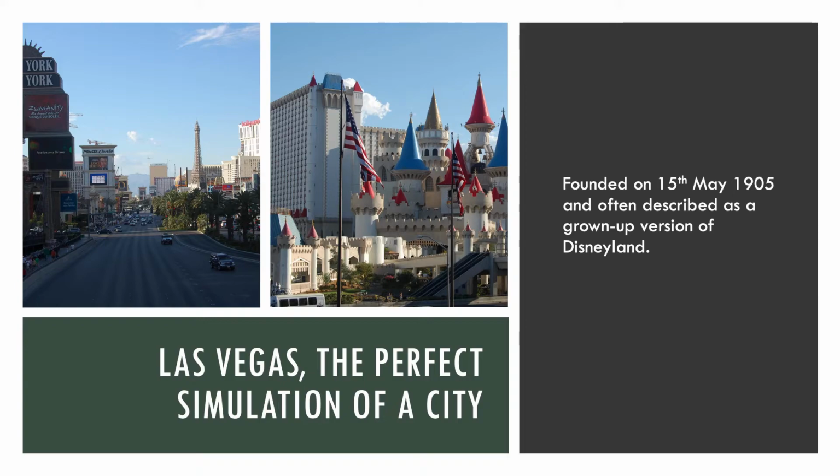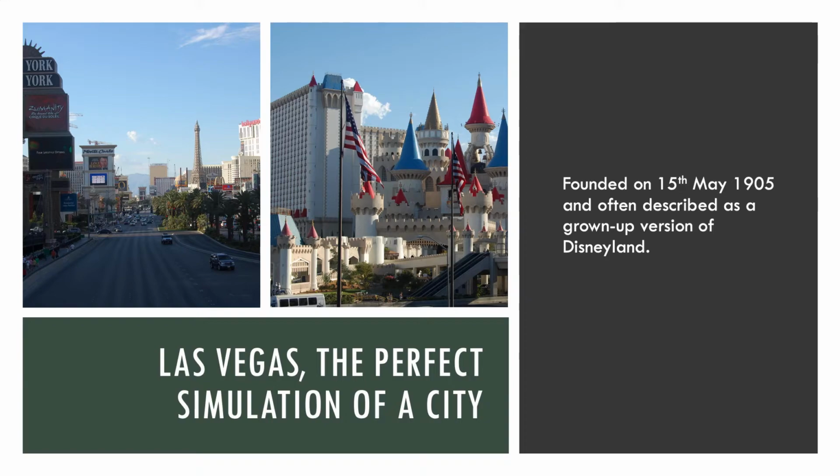So we can see from the photograph on the left there, this is the strip, the main street in Vegas, and on the left hand side, one of the casinos, New York, which has, you might just be able to see on the extreme left towards the bottom, a simulation of Brooklyn Bridge, and it's not life size, and of course it's not real.